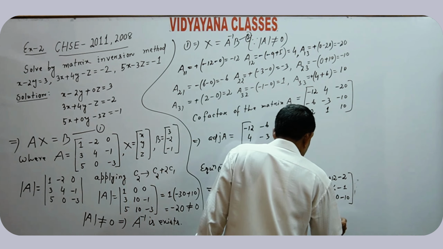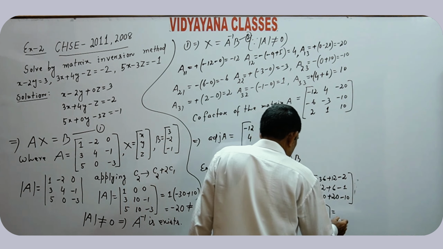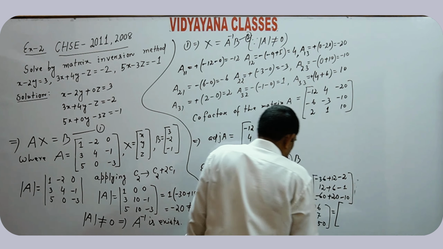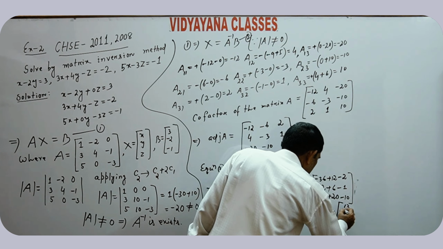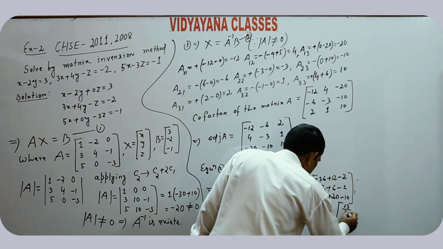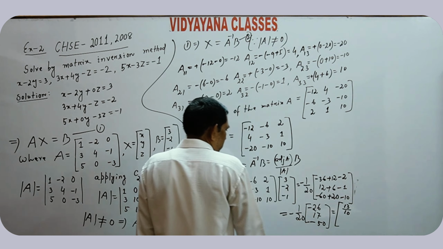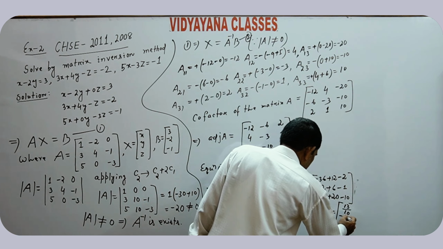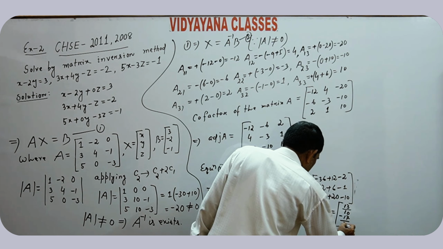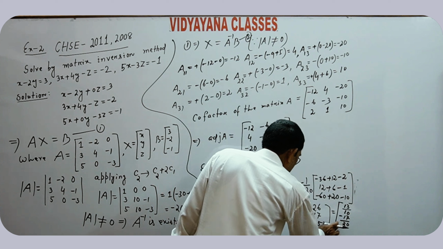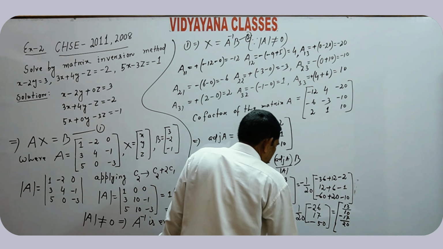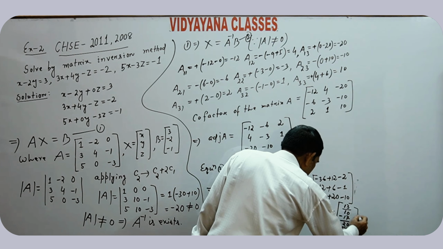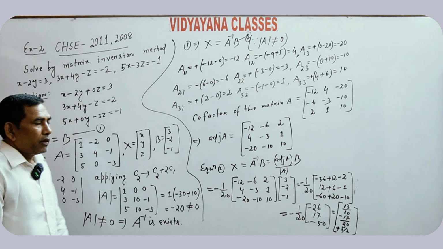Which is same as 13 by 10, 26 by 13 by 10, minus 17 by 20, and plus 5 by 2, plus 5 by 2.